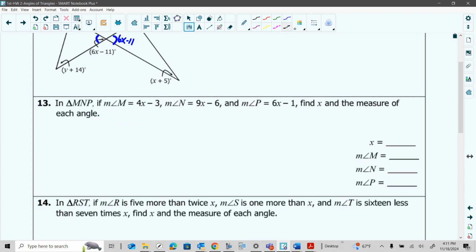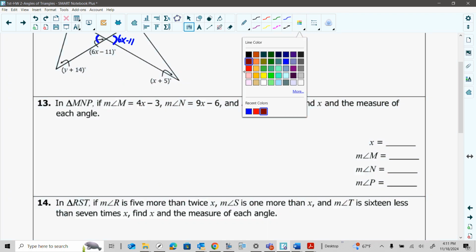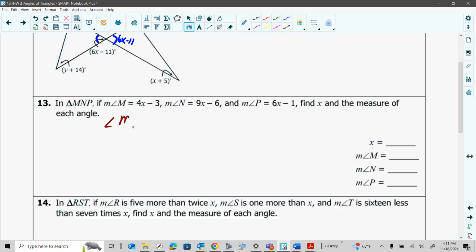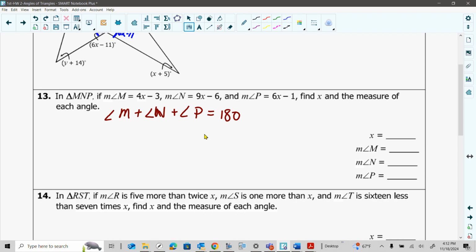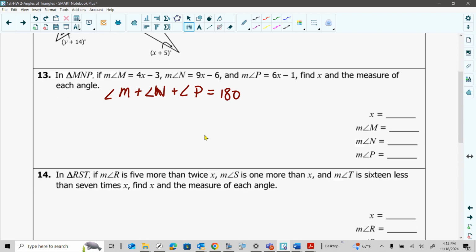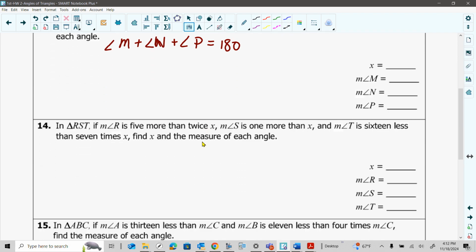Basically we're just adding up angle M plus angle N plus angle P equals 180. And then you can just substitute the parts and solve for x. So this one's not that difficult.